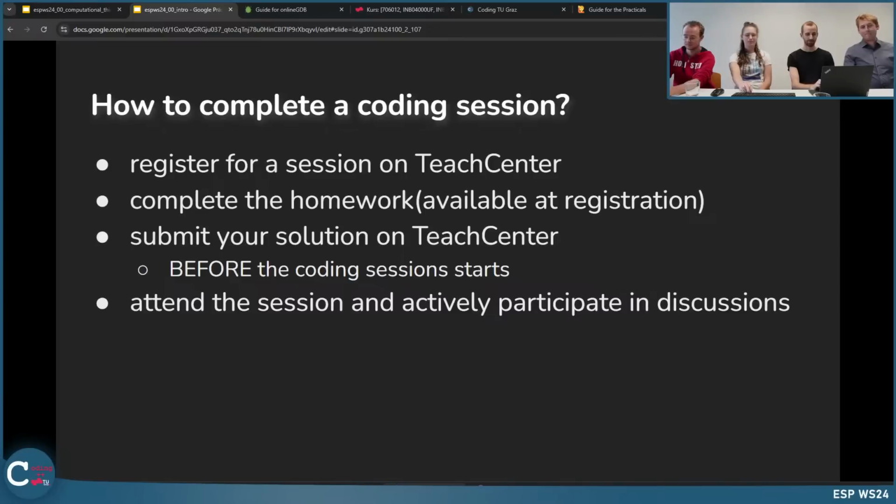I found another question, which is in my opinion very important, but not really related to coding sessions. It was: if I have previous C knowledge, is it worth signing up for the exam on the 3rd of October and just giving it a shot? I would not recommend it, because you have a very limited number of attempts at the exams. Depending on your study program, it's 4 or 5 attempts.